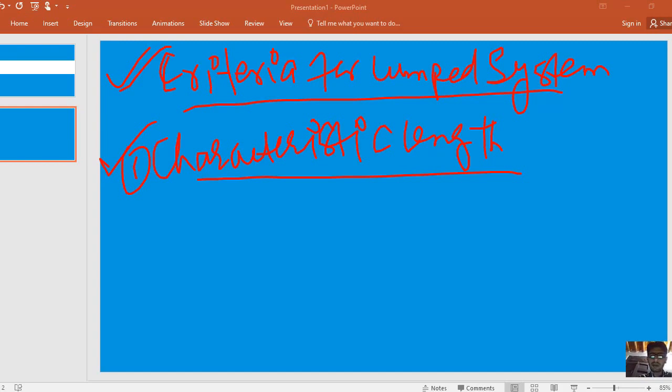The characteristic length of material is denoted by LC, and it is equal to the volume of the object divided by the surface area of the object.